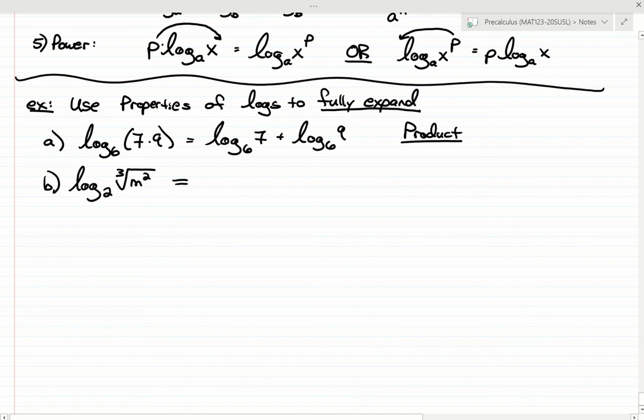Well, log doesn't really get along well with radicals. We always want to use logs with exponents. So let's convert that cubed root to a power, m to the 2/3. Then we could use the power property and bring that in front. So we could write 2/3 times the log base 2 of m. That's using the power property.